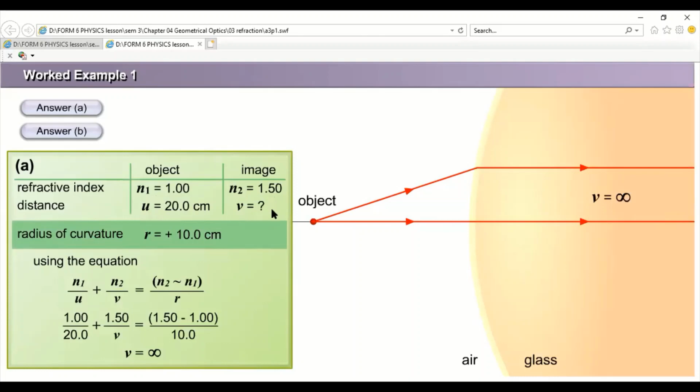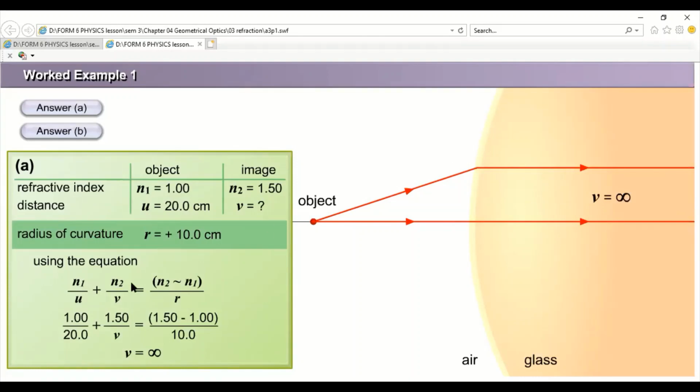What is the image distance, given that the radius of the curved surface is 10 cm?